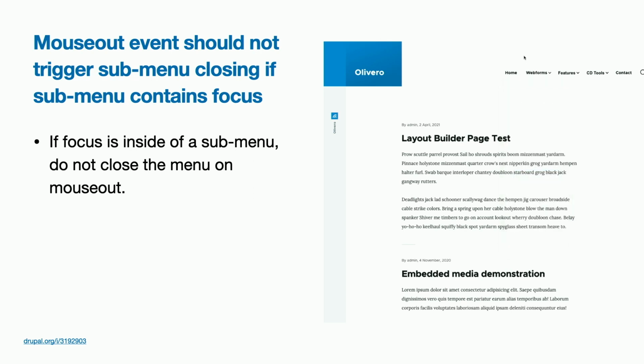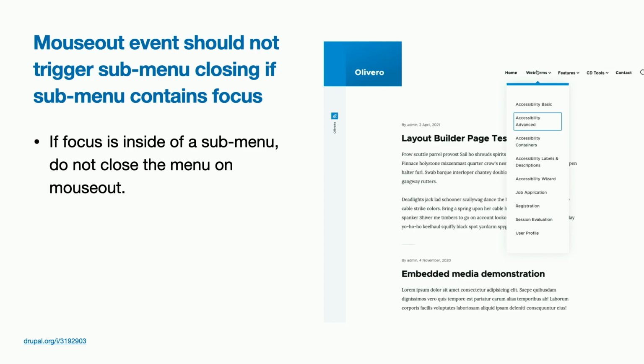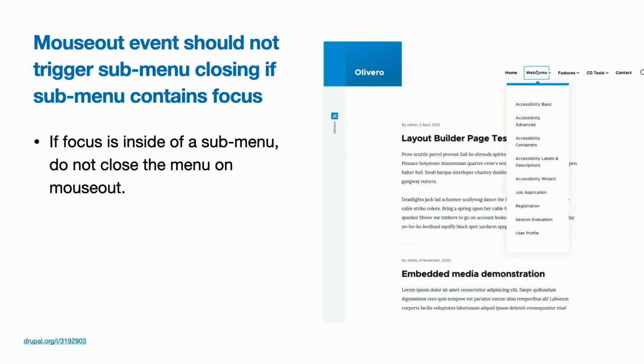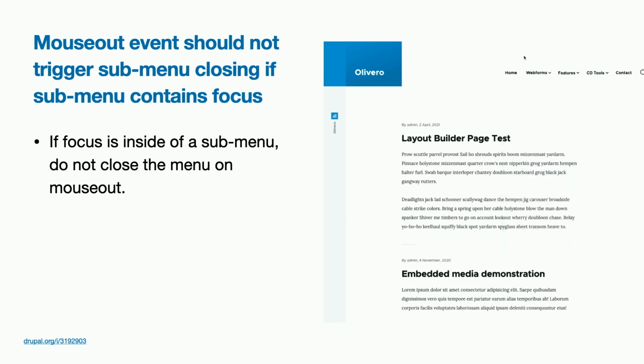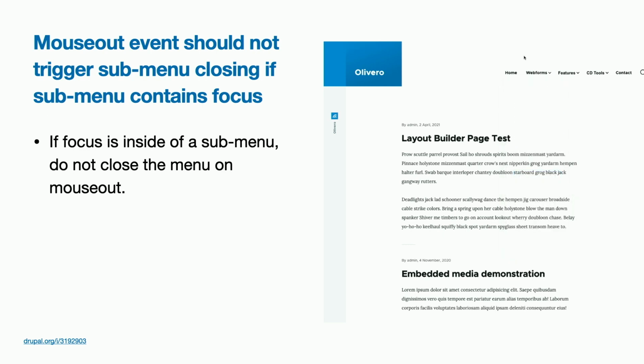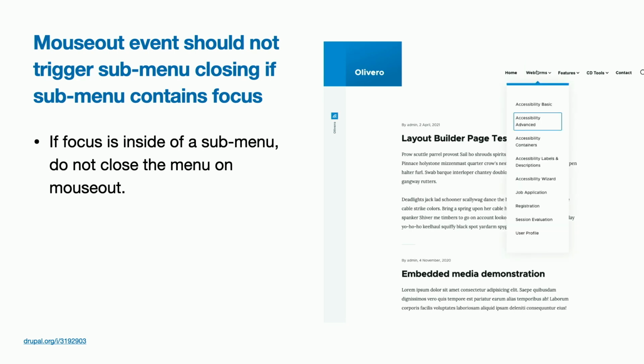This particular issue is a focus visible issue. There's a success criterion that says if an item has focus, you need to be able to see what it is, and that's a hard and set rule. The issue is if something has focus and you move your mouse out, then you can't see where that focus is. You're thinking, this is an edge case, no one's ever going to do that, but they're going to do it.